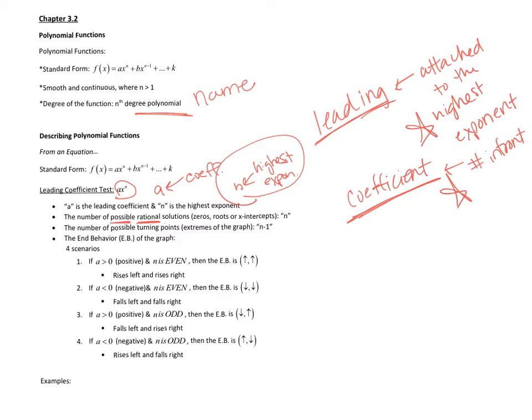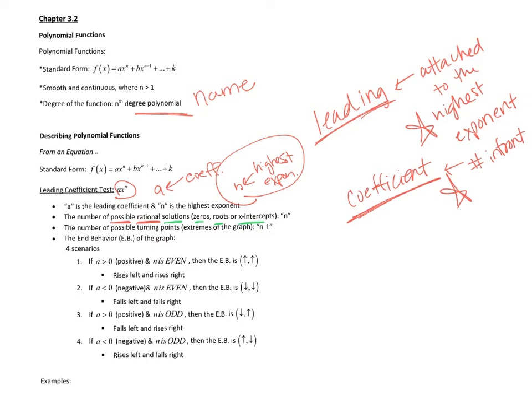So solution, remember, can mean 0, root, x-intercept. All of those things mean the same thing. Okay, so one thing that we can tell is the name. Another thing we can tell is how many possible solutions, all from just that highest exponent. Now, I say possible solutions because we're going to have to verify. We're going to take these numbers and we're going to check them. We're going to check to see which one actually works to be a solution. Okay? And we'll look at that later on.